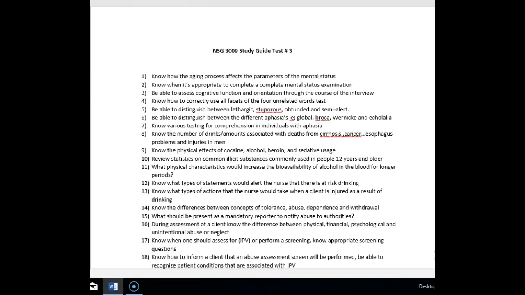So, for instance, if we were to take the effects of a person using cocaine, and that includes even, if you were to read in your book, crack cocaine.